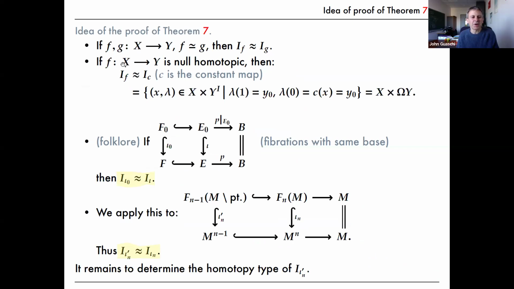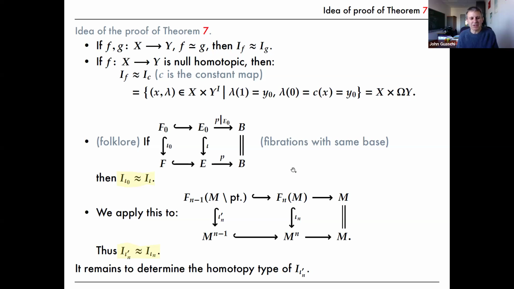And if a map is null homotopic, then we have the same result, C being the constant map here. But it turns out that when you write down the definition of the homotopy fiber of the constant map, you get a direct product, a Cartesian product, of your space X and the loop space of Y. So this is where the structure in the statement of the theorem comes from.